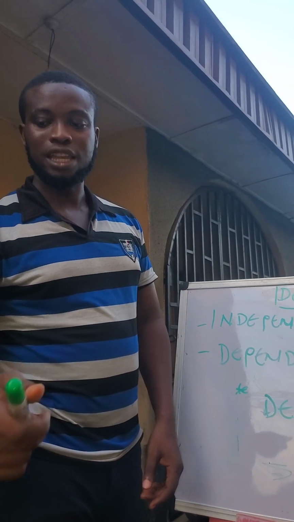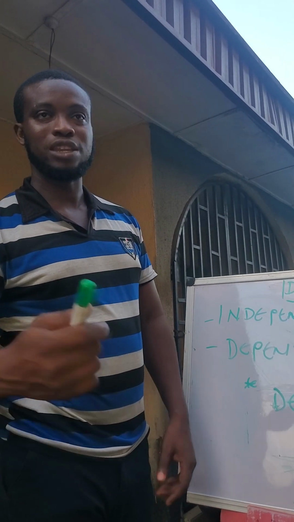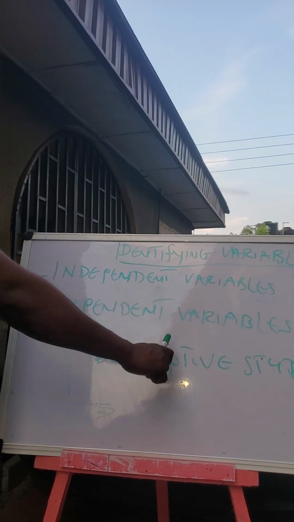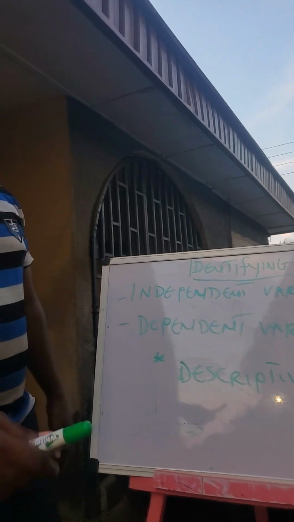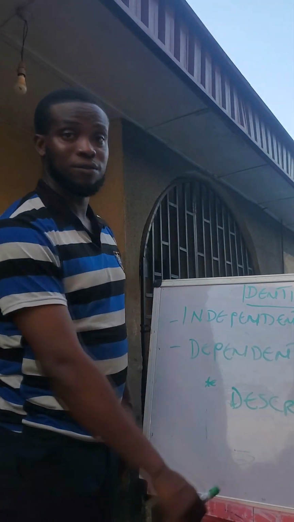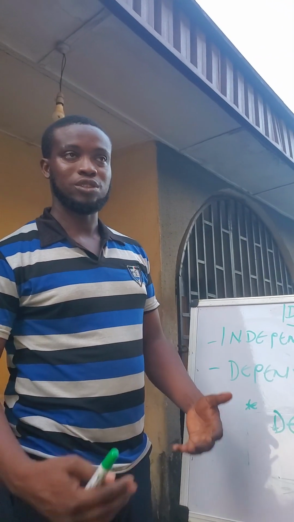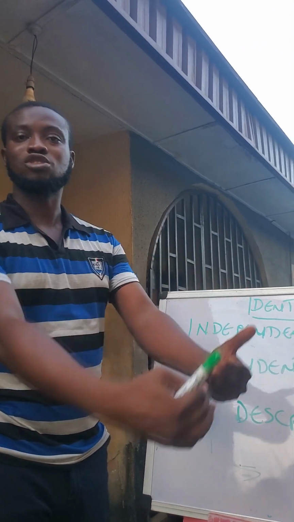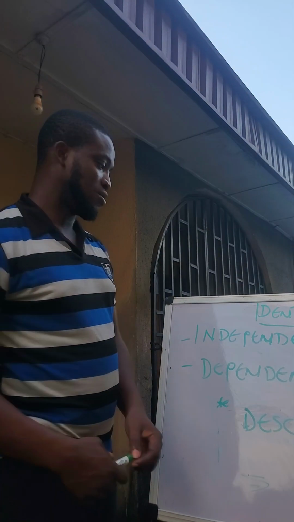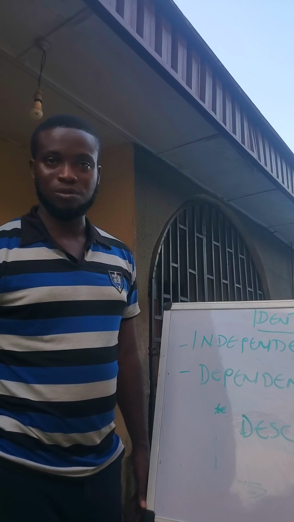So the variable that you tend to manipulate or try to change is what we call the independent variable. The variable that is being measured for the outcome, that you don't change, you just measure, the outcome variable of your study, we call the dependent variable.